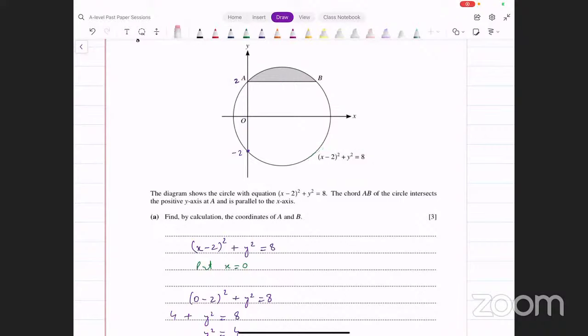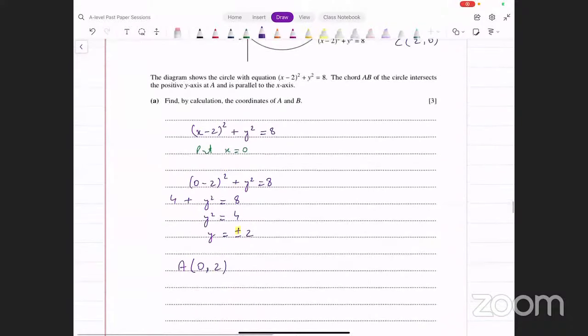Another way is, आपको पता है सेंटर क्या है सर्कल का, सेंटर देखें सर्कल का क्या होगा, 2 and 0. बेसिकली यहाँ पे आपका सेंटर आ रहा है सर्कल का, right, this is point 2, ये आपका सेंटर है सर्कल का. तो बेसिकली AB horizontal है, आपको पता है ये distance कितना है left side के ऊपर 2 units, तो इसका right वाला distance भी कितना होगा, ये भी 2 units होगा. So if this is 0, B basically कहाँ पर आ रहा होगा, ये 4 पे आ रहा होगा. तो आप B के coordinates directly लिख सकते हो, आपको evaluate करने की जरूरत भी नहीं है.